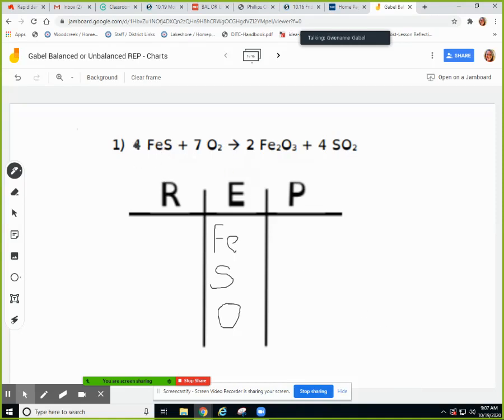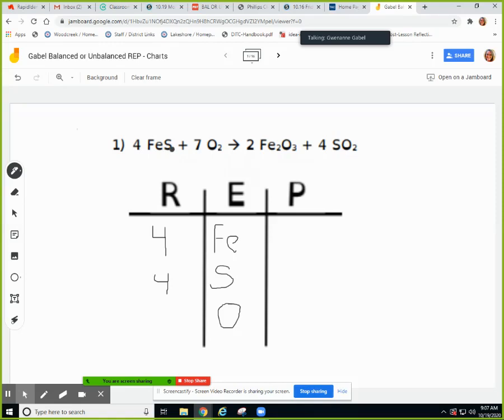So I have 4 atoms of iron. This coefficient tells me I have 4 atoms of iron. This coefficient also tells me that there are 4 atoms of sulfur. Now, when we have a coefficient, we distribute to our subscript.